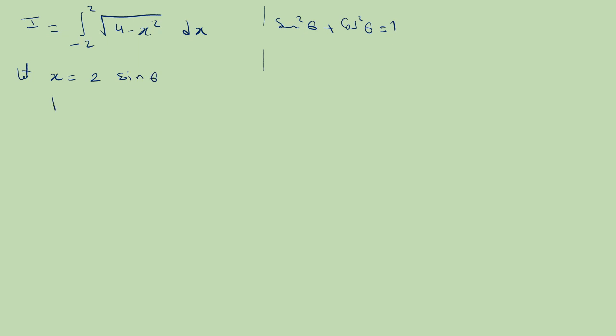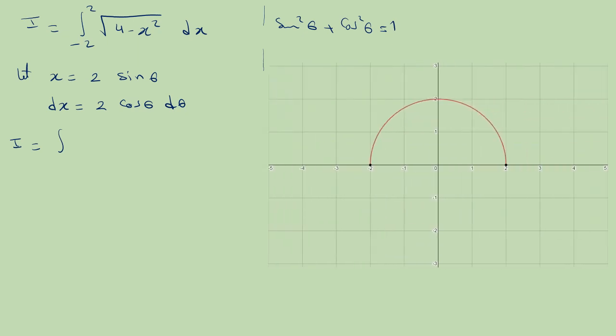Okay, let's get the derivative. dx is equal to 2 times the derivative of sine, which is cosine theta d theta. Let's substitute in our integral. The graph of the function another time is the semicircle from negative 2 to 2, and this function is an even function.